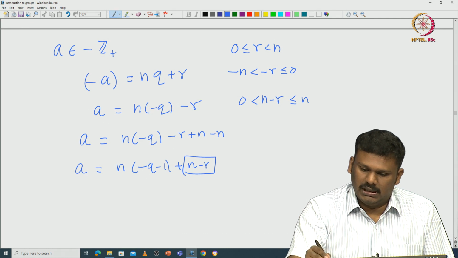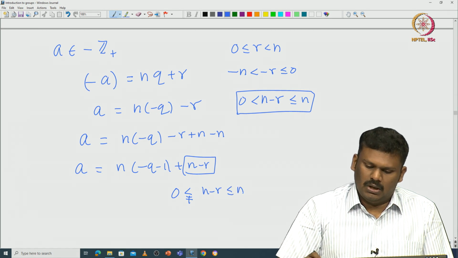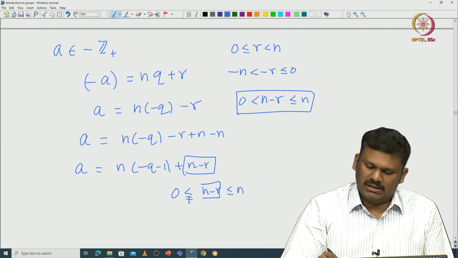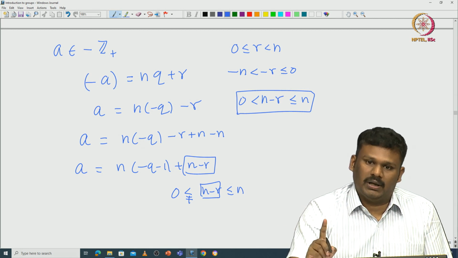It is less than or equal to n because R is greater than or equal to 0, so we are getting this for free. So, 0 is strictly less than n minus R, which is less than or equal to n. Now suppose n minus R is equal to n, then again you can subtract one more n.